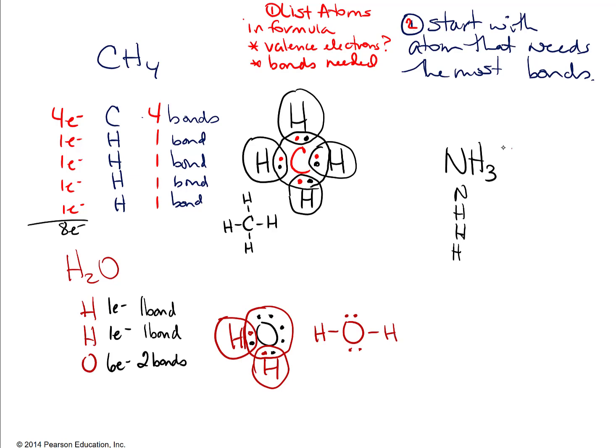NH3 is ammonia. So do this one. Remember, you figure out the number of electrons by looking at the group number and the number of bonds it would need in order to have a total of 8, except for hydrogen, that's the oddball.